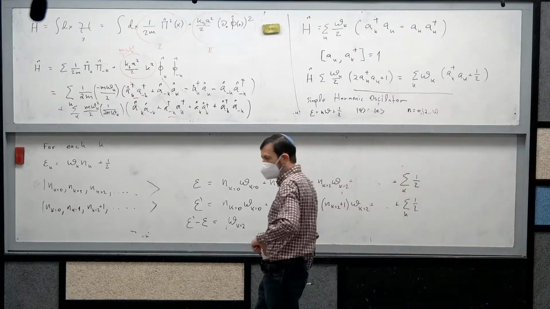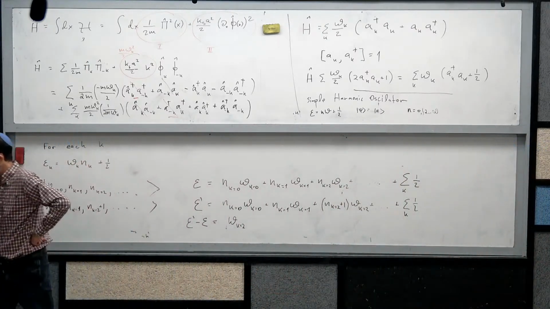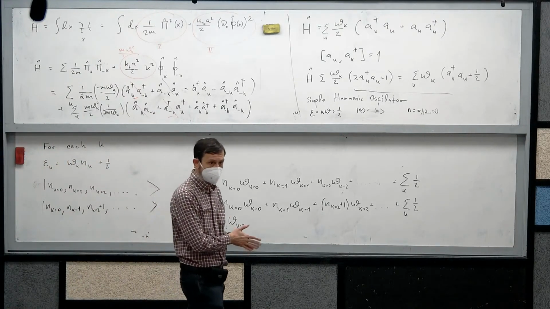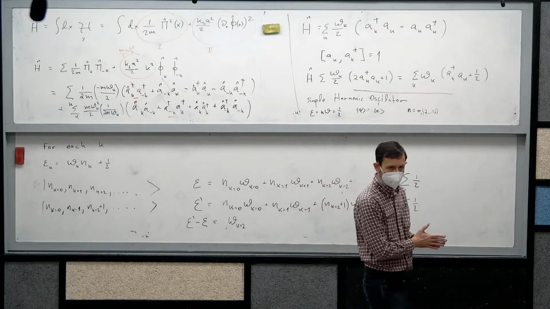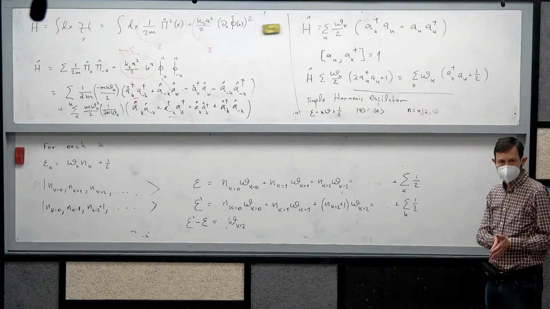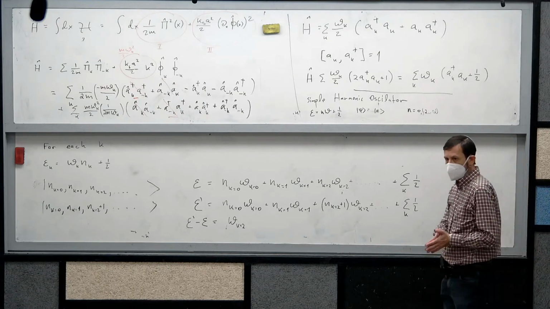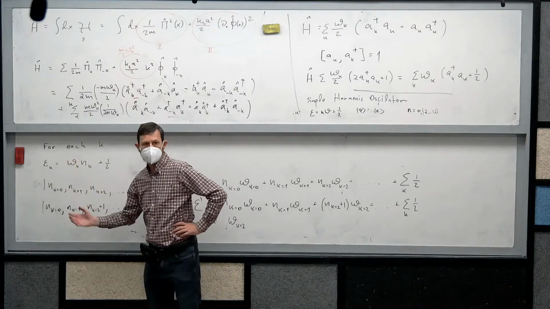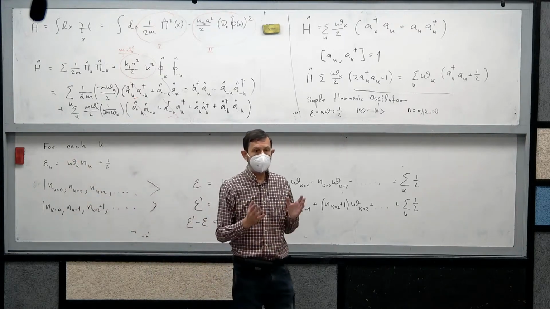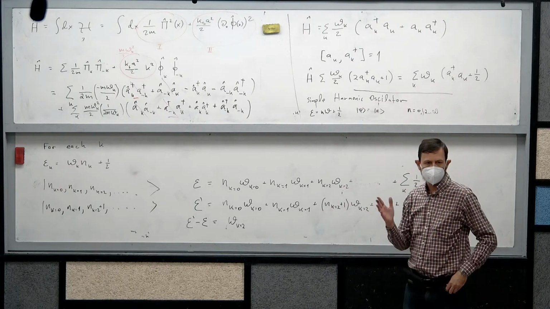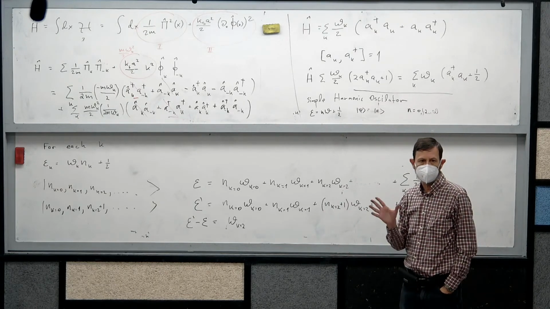The other conclusion that we can draw from it: we basically wrote down the eigenstates of this field. Right? Basically, what are the eigenstates? Tell me how many quantas of energy exist for every k.